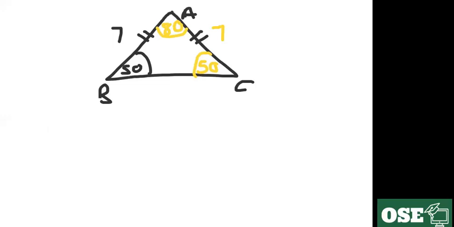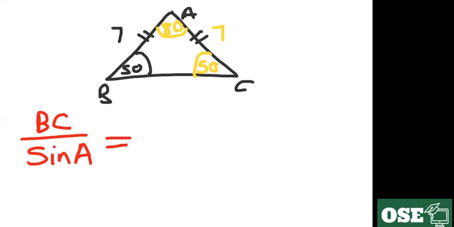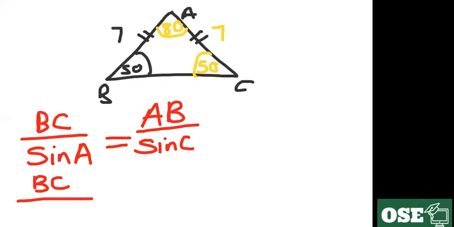BC over sine A is equal to AB over sine C. So BC over sine 80 is equal to 7 over sine 50.